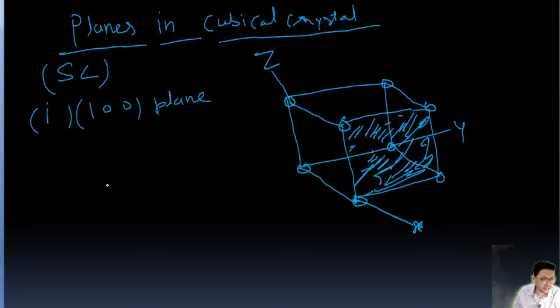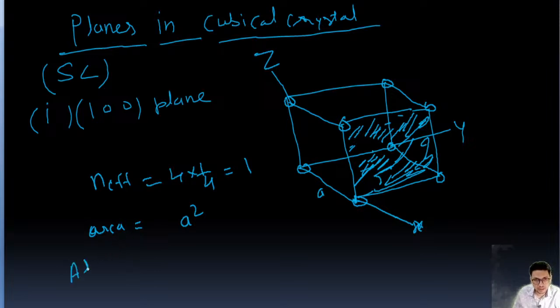For this plane we'll find n effective, because this plane is parallel to the z and y axes and it intercepts at a on the x axis. So n effective is 4 into 1/4, four corner atoms with 1/4 each, so this is going to be 1. The area of this plane is a square.